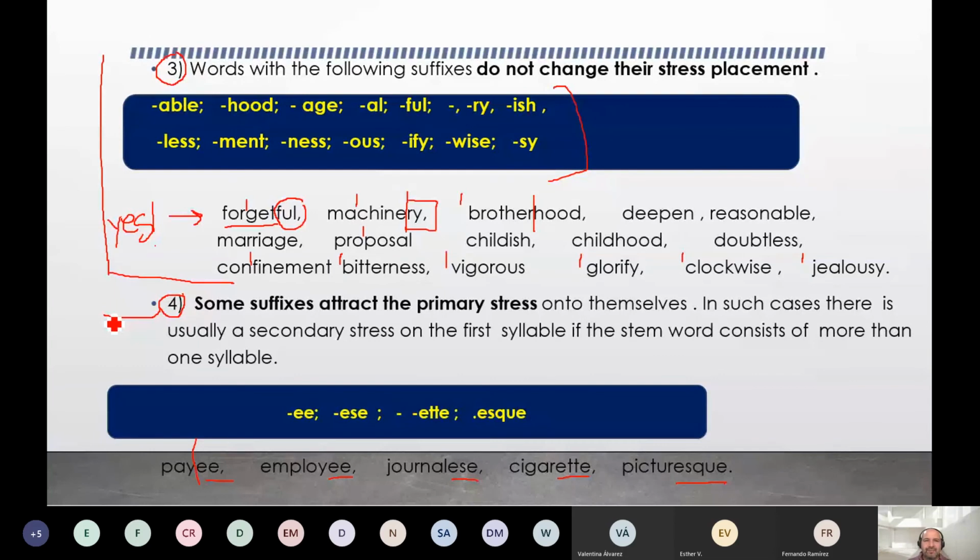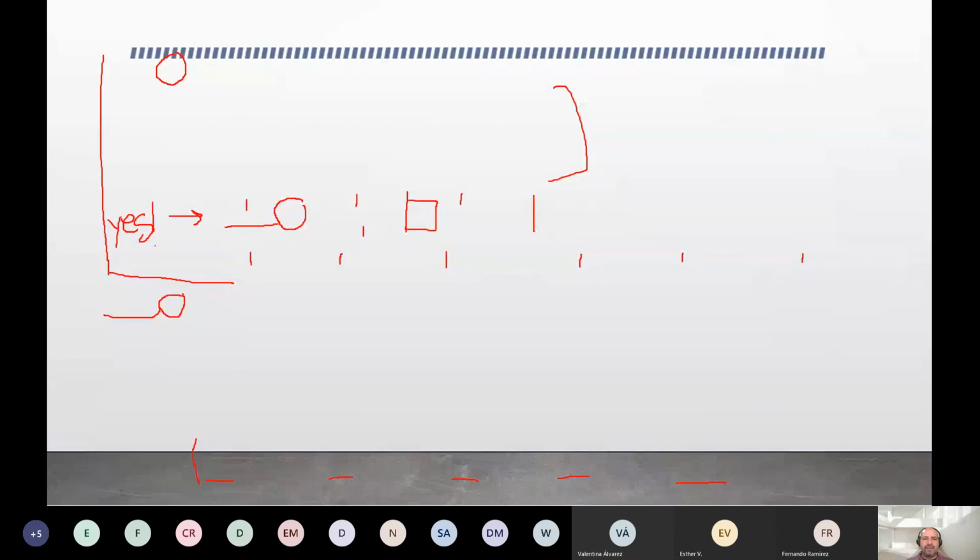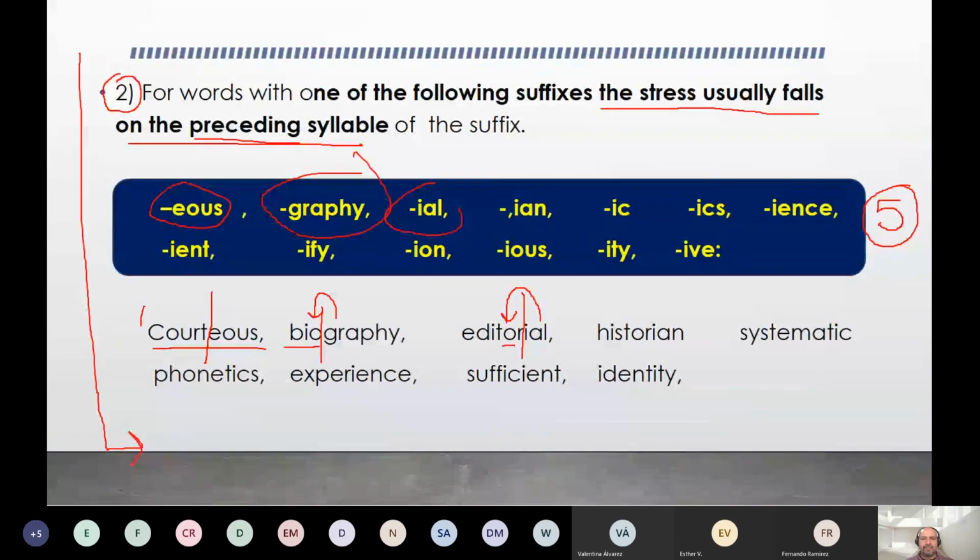So those are the cases when we add some suffixes, right? Just to recap, suffixes that when you add them, the preceding syllable, the syllable before, is the one bearing the stress. That's one case.